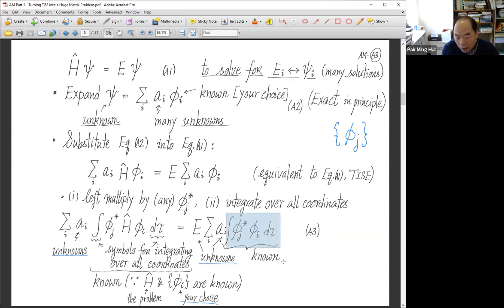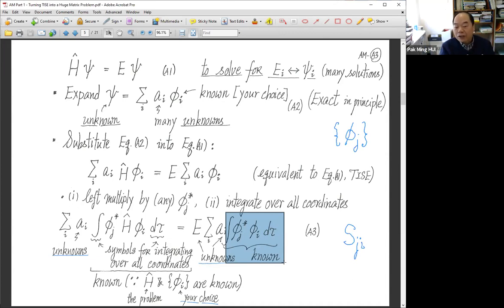For example, I will call this integral S_ji. Reasonable, right? There are two indices, phi i and phi j star.